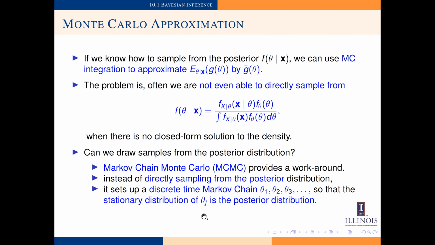So as j gets large enough, as we go long enough in time, it's going to get close to the posterior distribution.